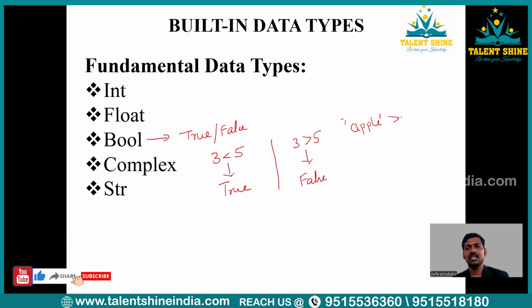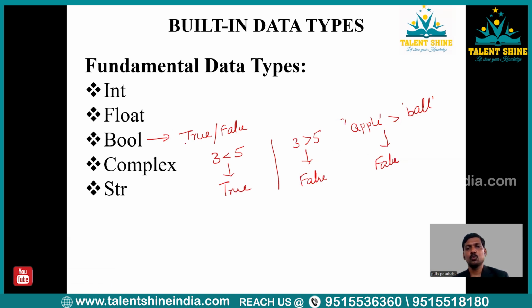I'm writing here greater than ball. So I'm going to compare these two strings. Clearly the ASCII value of A is less than the ASCII value of B. Since this condition is false, hence it returns false, right?